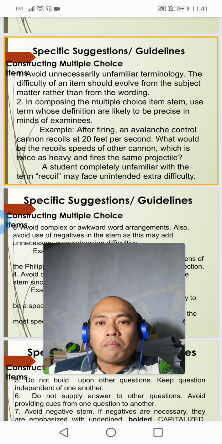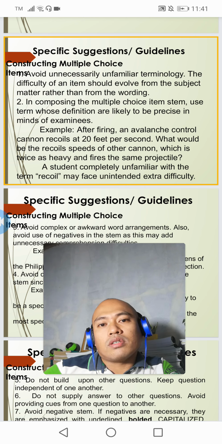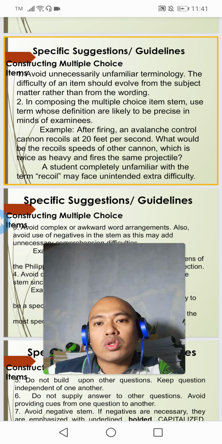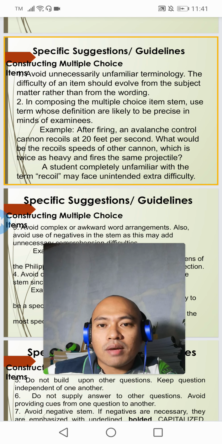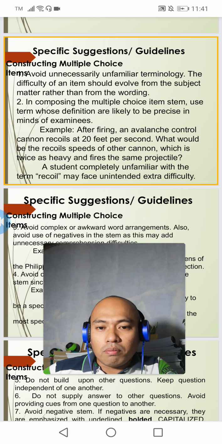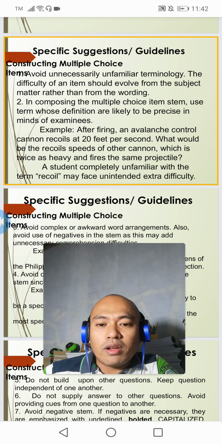Number two, in composing a multiple choice test item stem, we need to use terms whose definitions are likely to be precise in the minds of the examinees. So this particular example should not be used in a multiple choice type of test because this stem uses unfamiliar terminologies.